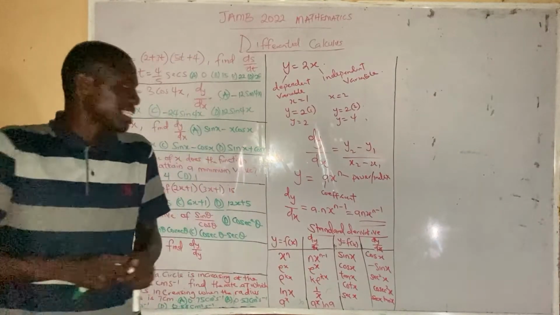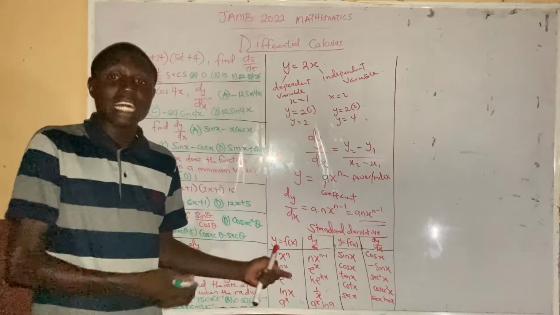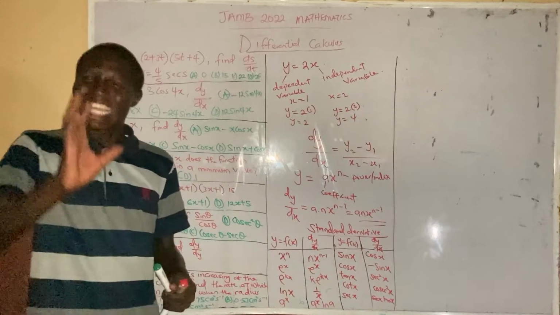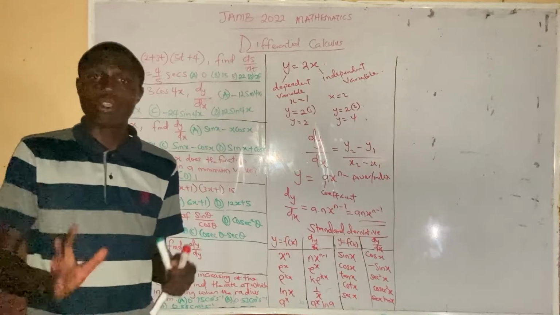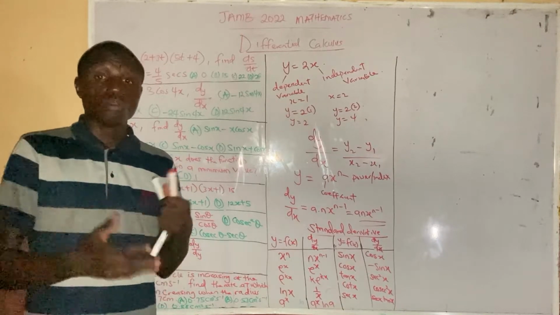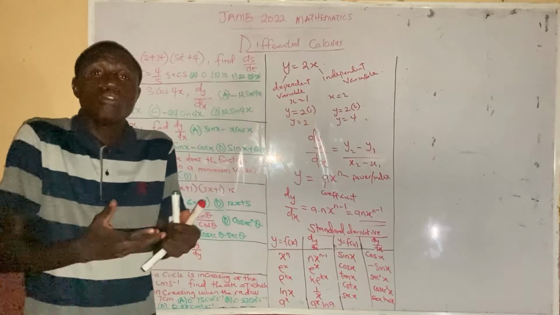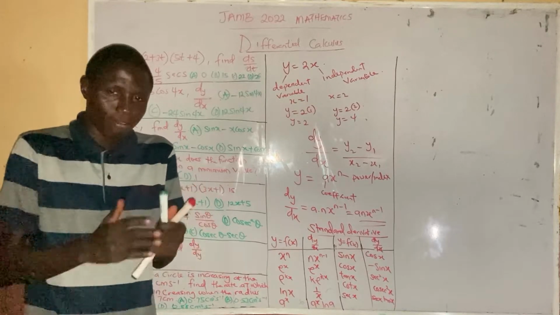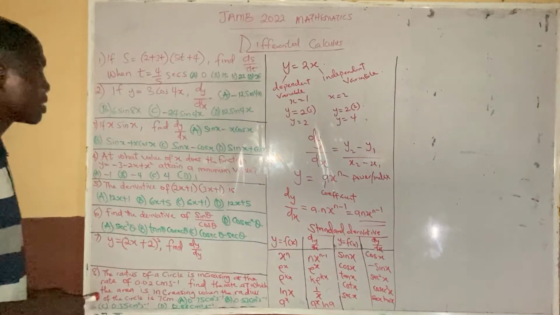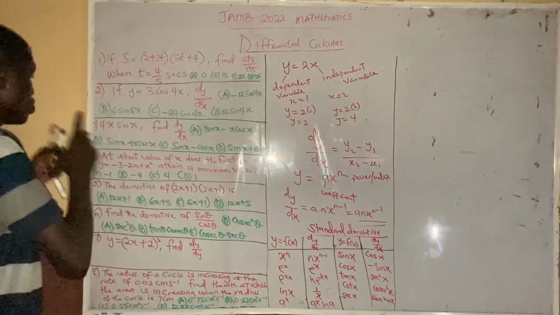So these are the major standard derivatives that you must be able to recall in the exam. These are things that will help you to solve the problem as fast as possible. Now let's go into the questions that we have today.